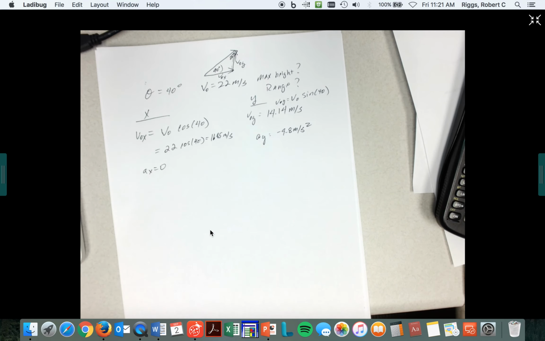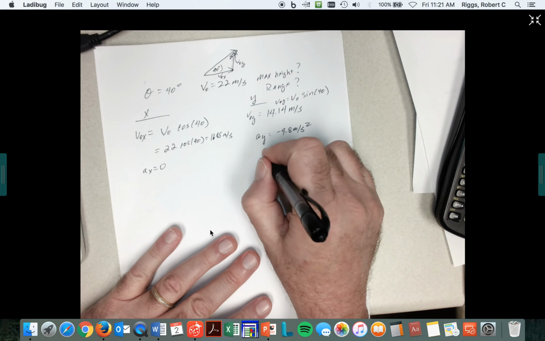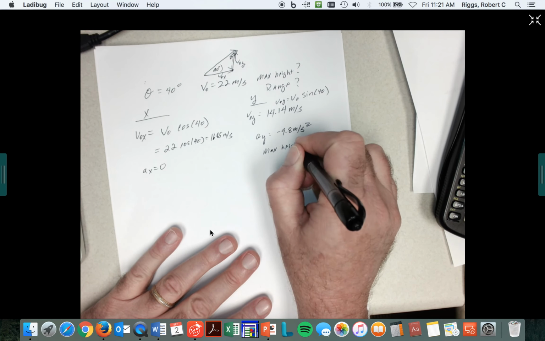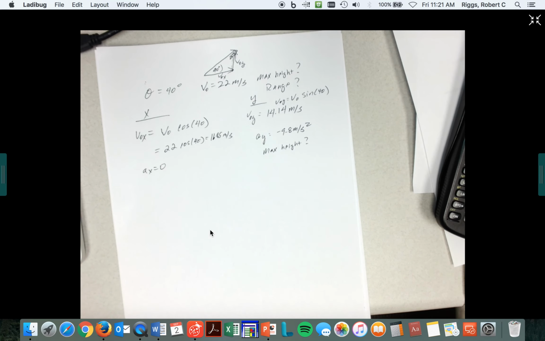All right, now we've got to find the maximum height and the maximum range. All right, so let's figure out what the max height is. I got a question for you.